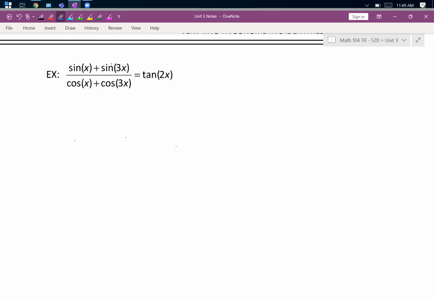Look at that, in our fraction we have multiple terms, and we're trying to get those multiple terms to a single term, because we probably are going to end up with sine of 2x over cosine of 2x. So do we have any kind of formula that turns multiple terms that are being added together into a single term?